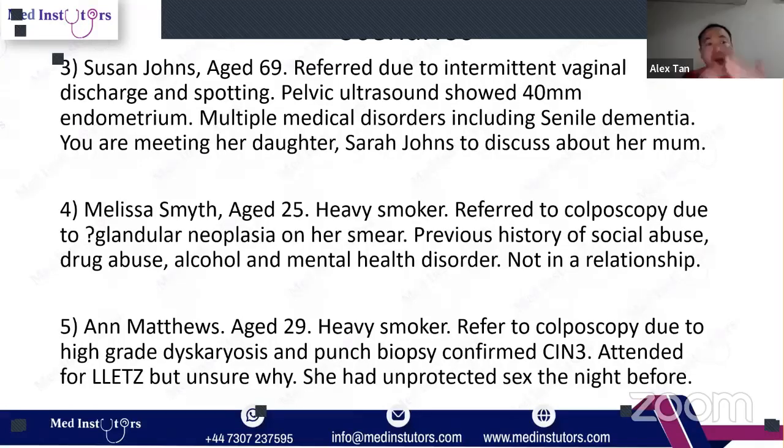So these are high-grade changes of the cervix, which are not cancerous but precancerous. If left untreated over the years, it has the ability to become cancer. And we're trying to avoid cancer from forming because it requires far more invasive treatment and more close investigation. Hence, we are here, as colposcopists.